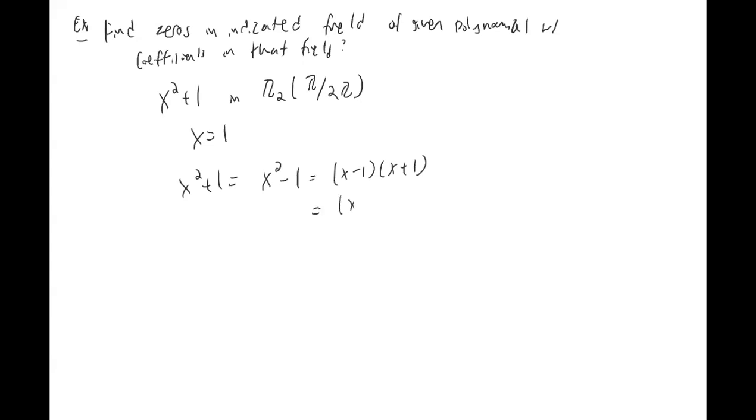So I could change this, and in Z mod 2Z it's the same. So in fact, it's a zero of multiplicity 2. Of course, the question never asked for multiplicity, but just so you all know.